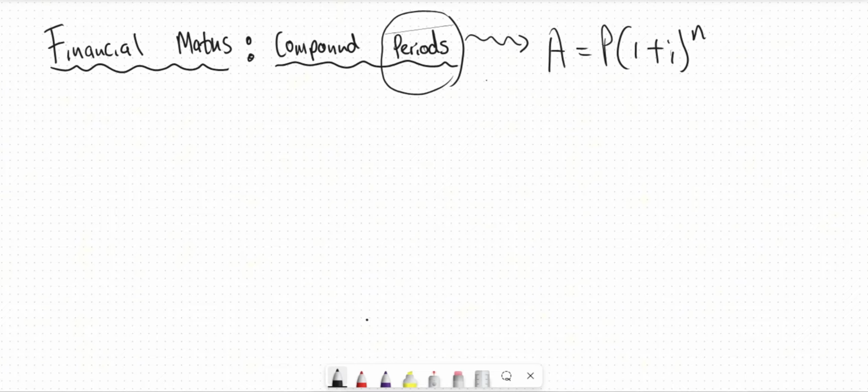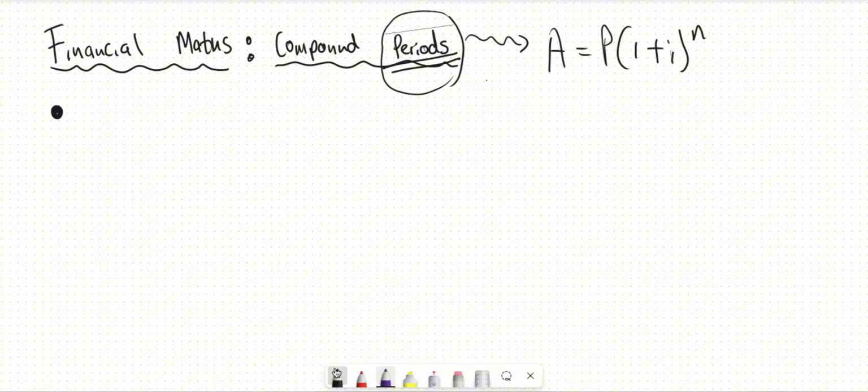But remember that if you're told that a compounding period is, for example, twice or semi-annually, or if you're told that it's daily, or monthly, then this formula will slightly change a little bit. And these are your options.